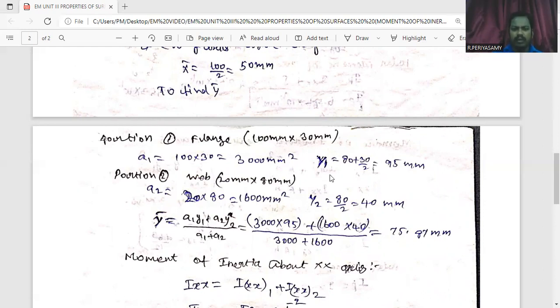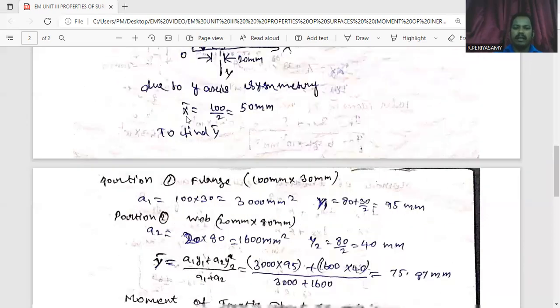So we substitute all the values: A1 value 3000 into Y1 value 95 plus A2 value 1600 into Y2 value 40, divided by A1 value 3000 plus A2 value 1600. Finally, we simplify these steps and calculate this value. We got y bar equal to 75.87 mm. This is the centroid about the y axis, equal to 75.87 mm.